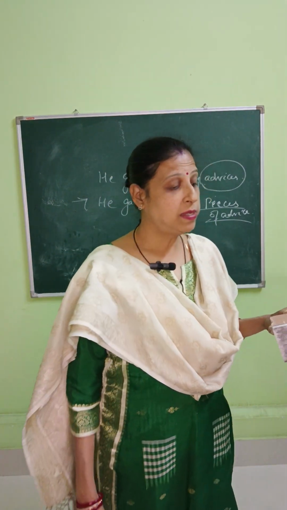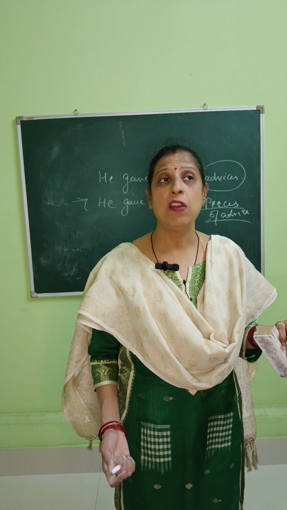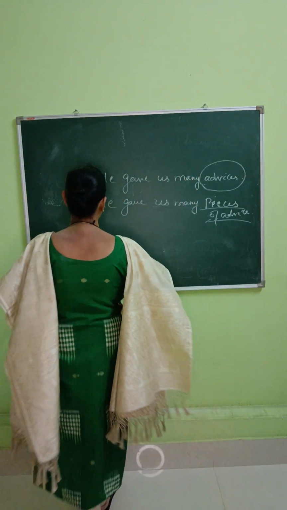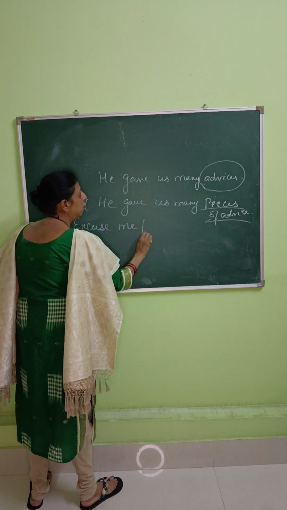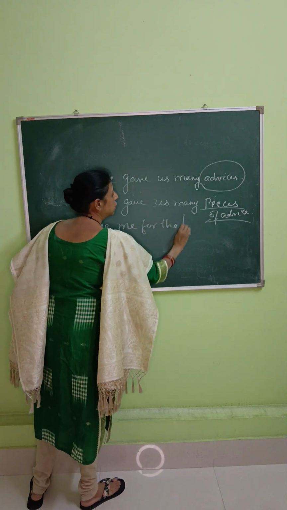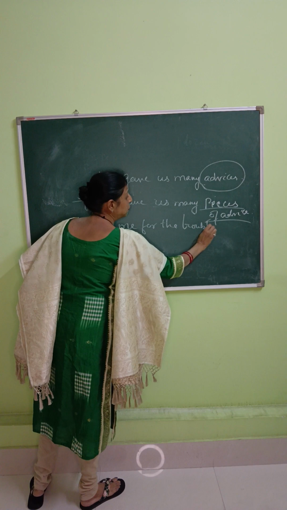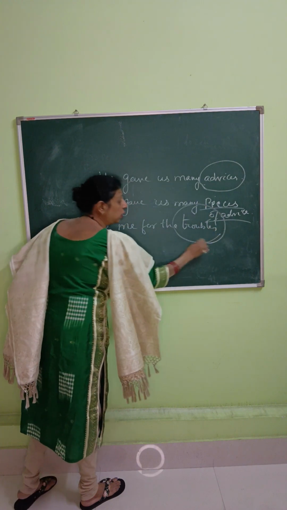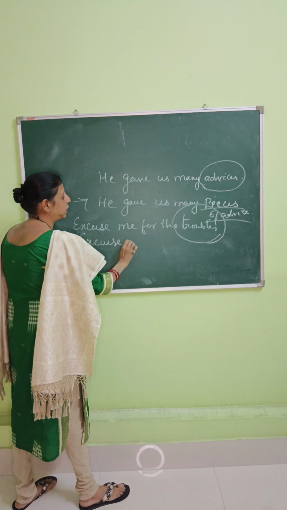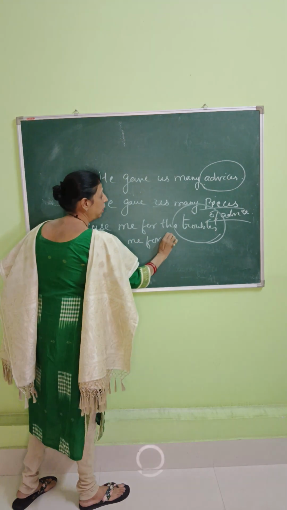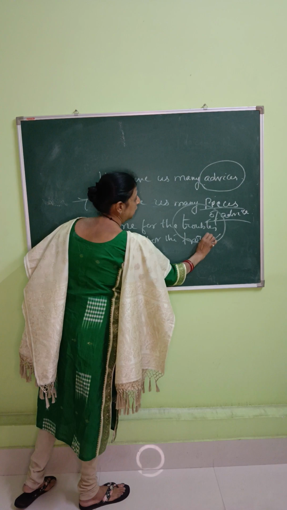Now, the second thing: excuse me for the troubles. This is absolutely wrong. There is no word called troubles, so it will be: excuse me for the trouble.